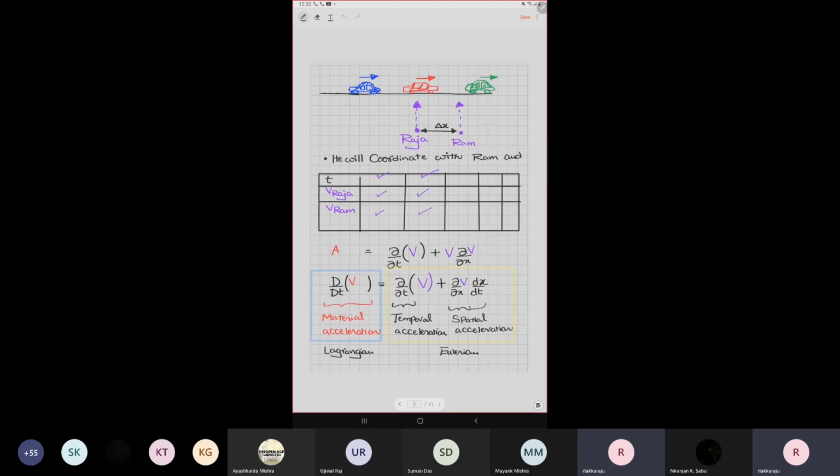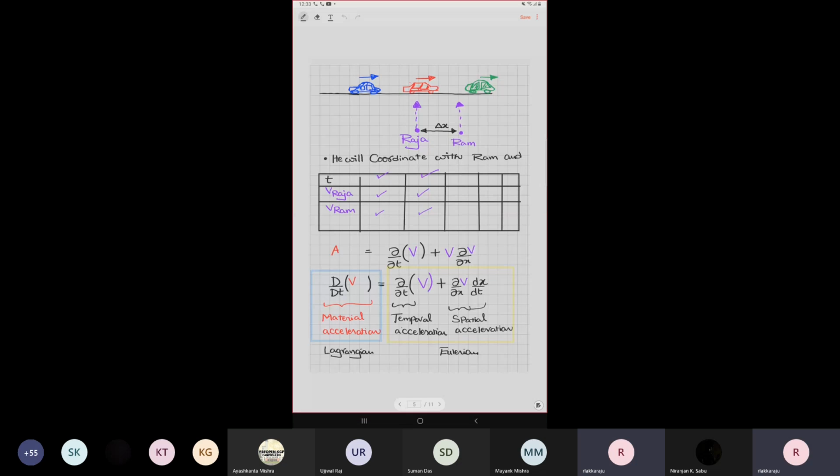So let us look at that. Maybe Raja asks his brother Ram for help. Raja and Ram are both standing next to each other, separated by a very tiny distance, delta x. Both Raja and Ram walk together with their velocity measurements.